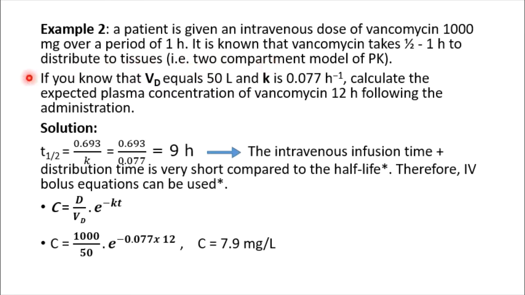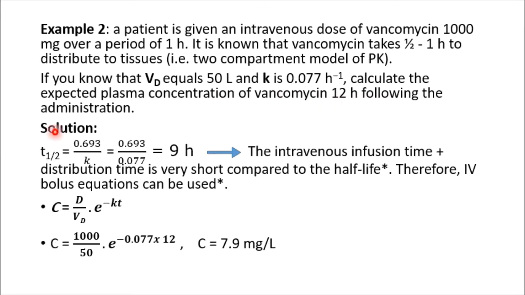If you know that volume of distribution equals 50 liters and elimination rate constant is 0.077 per hour, calculate the expected plasma concentration of vancomycin 12 hours following the administration.